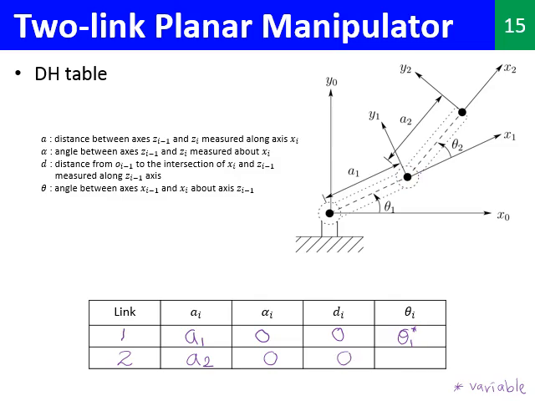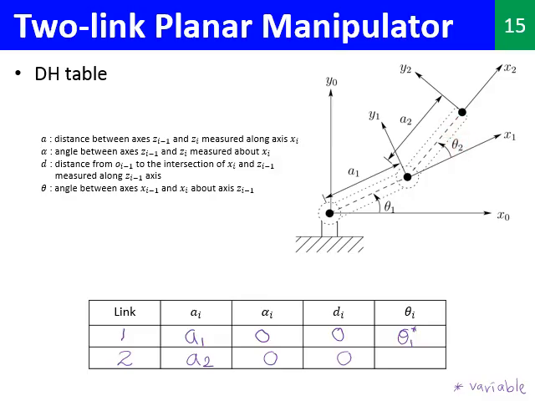And finally we need theta 2. It is the angle between X1 and X2 about Z1. Here we have X1, X2, measured about Z1, and that angle is theta 2 here, right?